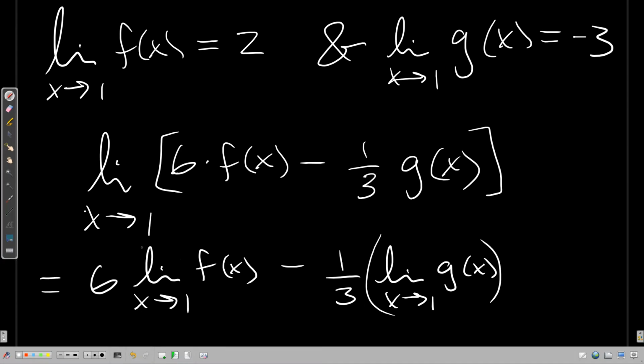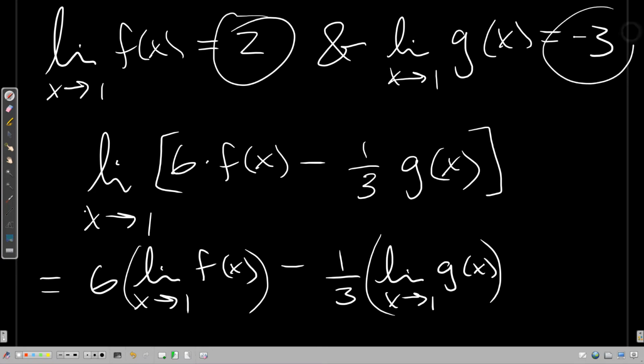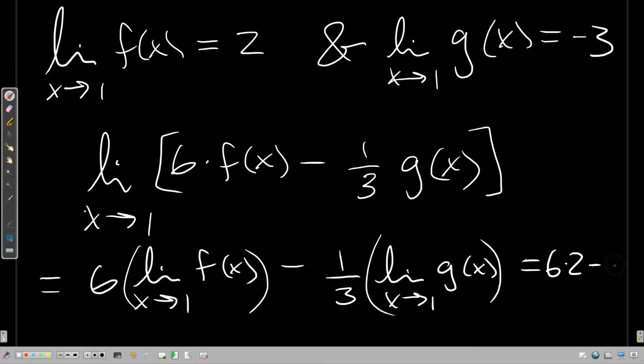And each of these limits are numbers. They are the numbers 2 and minus 3. So you would end up with 6 times 2 minus 1/3 times minus 3. And you would get 12 plus 1. That's 13.